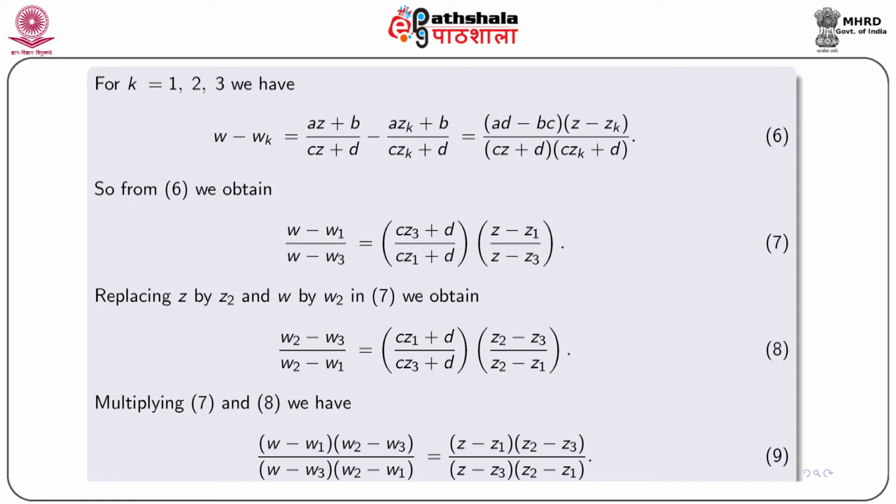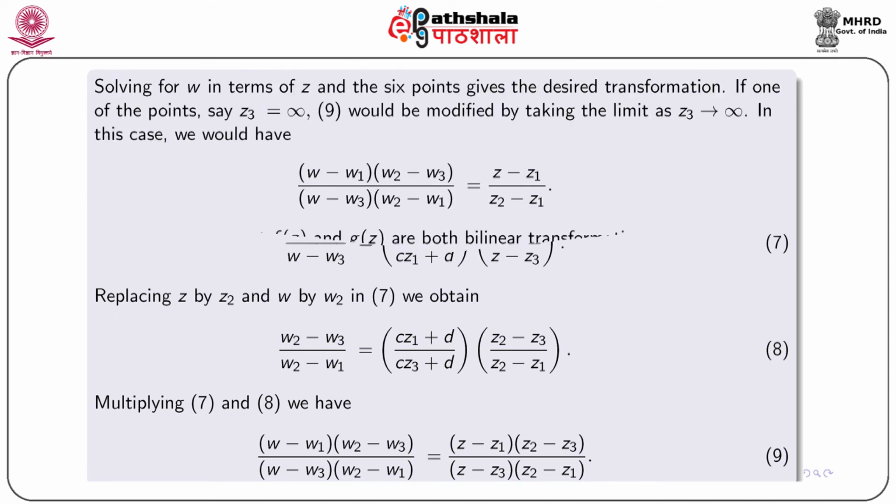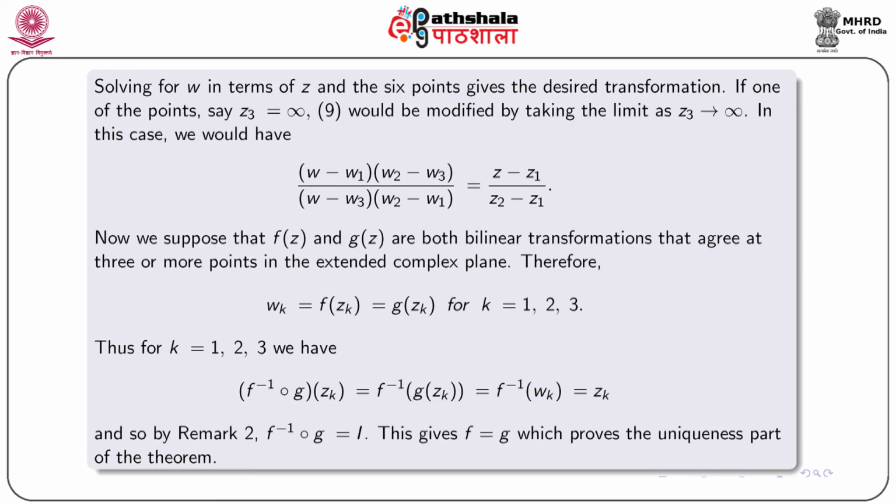So, multiplying 7 and 8, we obtain (W minus W1) into (W2 minus W3) by (W minus W3) into (W2 minus W1) equal to (Z minus Z1) into (Z2 minus Z3) by (Z minus Z3) into (Z2 minus Z1). So, solving for W in terms of Z and the 6 points gives the desired transformation.